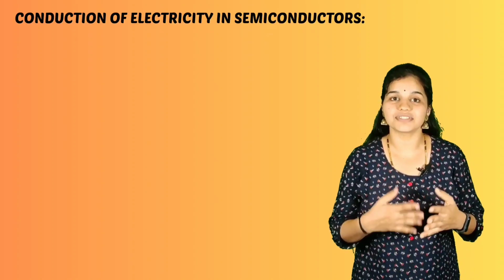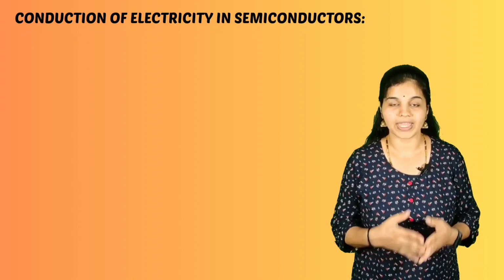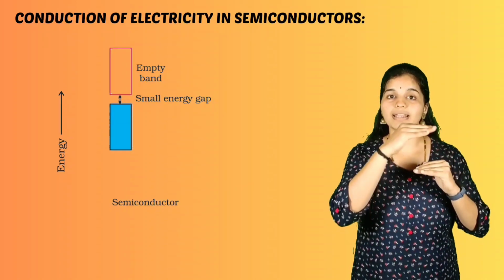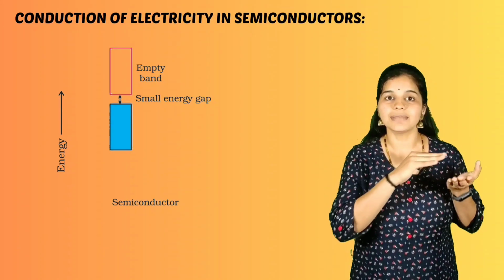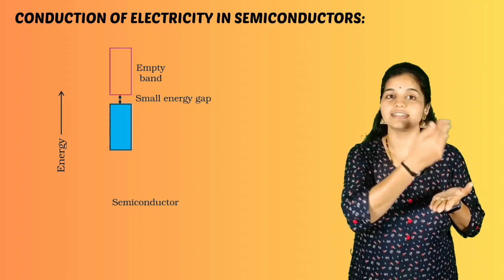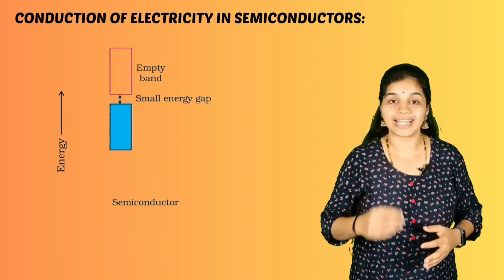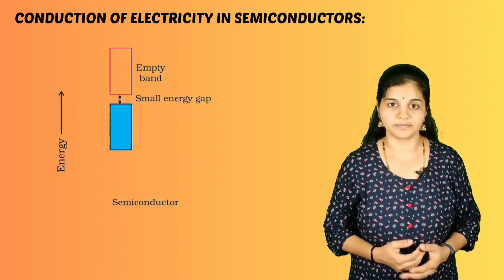What happens with semiconductors, the ones which are intermediate between conductors and insulators? In semiconductors, the gap between the valence band and the conduction band is small. As a result, some electrons from the valence band jump into the conduction band and they show some conductivity, since the energy gap is small.